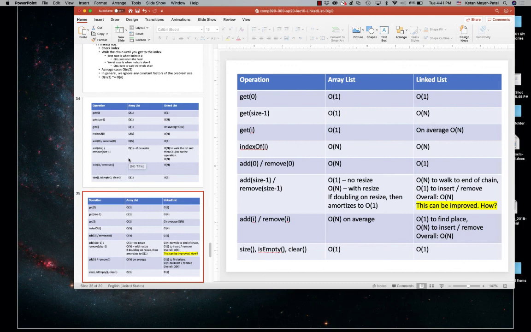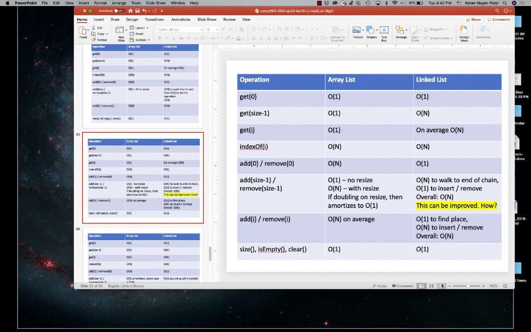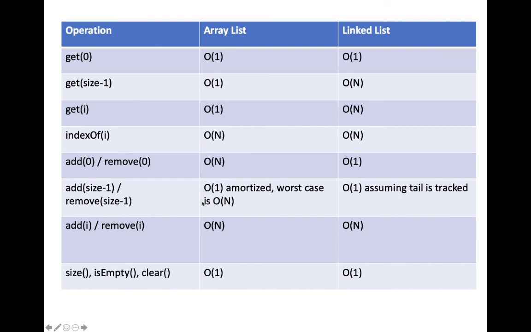And so we can just jump straight to the tail, right? So it turns out we can make that operation better by keeping track of the tail. So in general, these are the order operations for array list and linked list in terms of what they do.